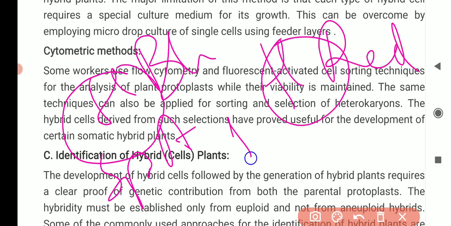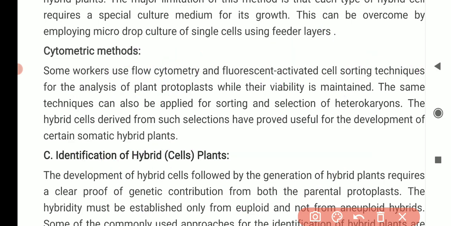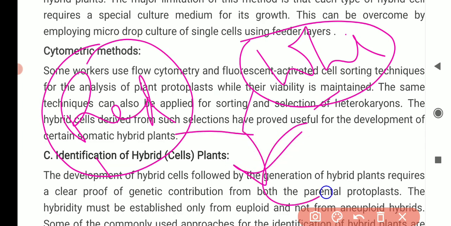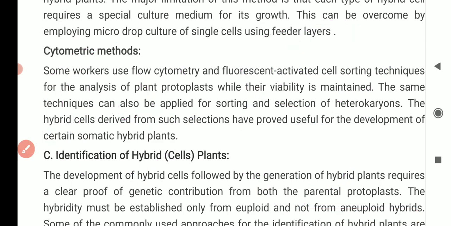Then if the protoplast is fused, you will get red and blue combined. Or, this one I gave the dye red, and this one I give the dye white, so I should get a dye which is pink. So when you observe in the fluorescent microscope, if the color shows pink, you know that that is the right cell, so you collect that. If you see the cell is red or white, you ignore those. Okay, let's go to the next.